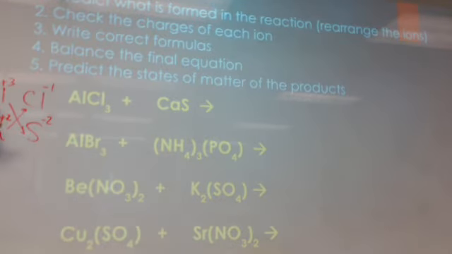Aluminum must come first. Why must aluminum come first? Because it's a positive ion, okay? Positive ions always get written first in your compounds. So that is why we can't put sulfur and then aluminum. So it always goes positive ion, negative ion.